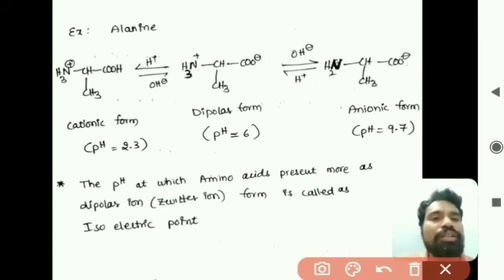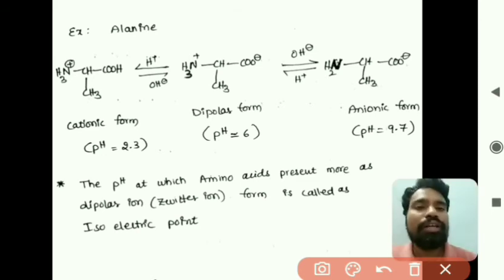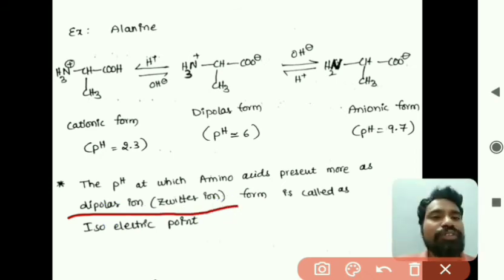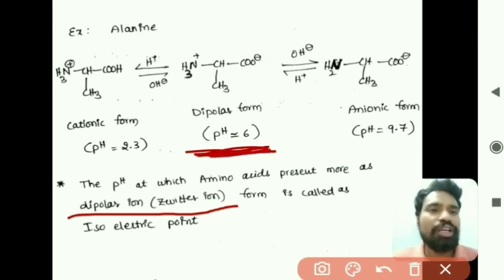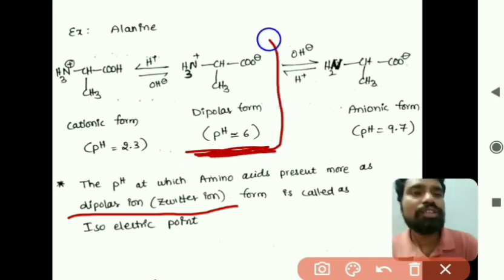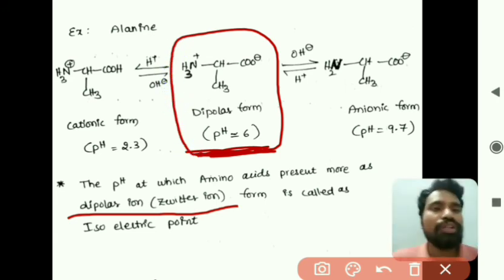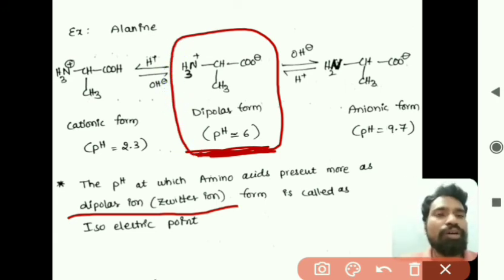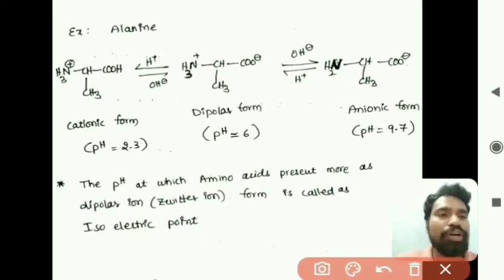So the pH at which an amino acid is present more as a dipolar ion, nothing but the zwitterion form, is called the isoelectric point. Means the pH at which an amino acid is observed more in the zwitterion form or dipolar form. So that pH value is called the isoelectric point.